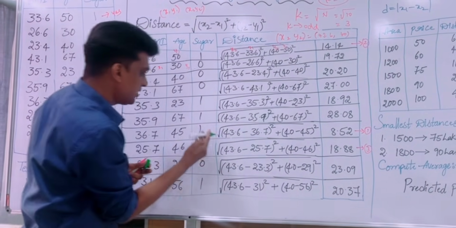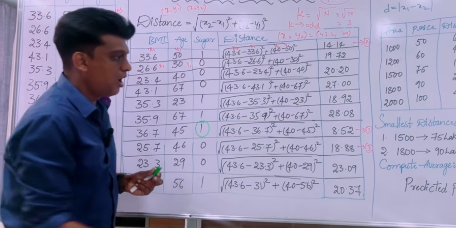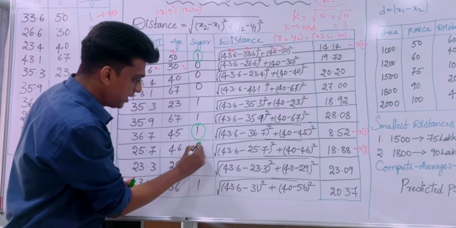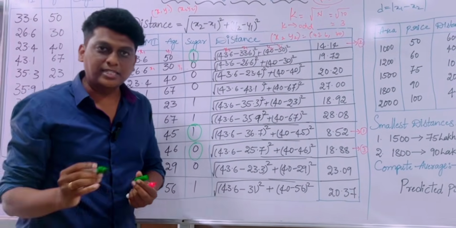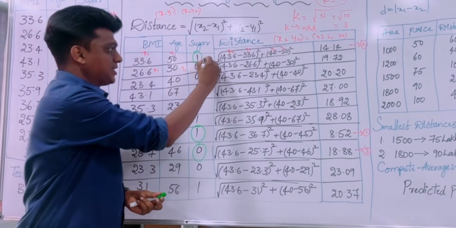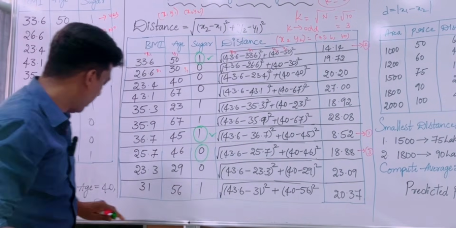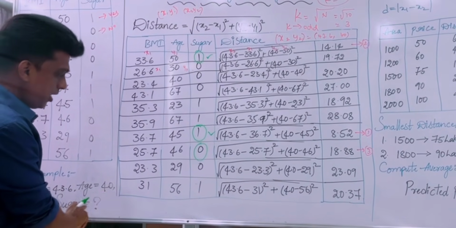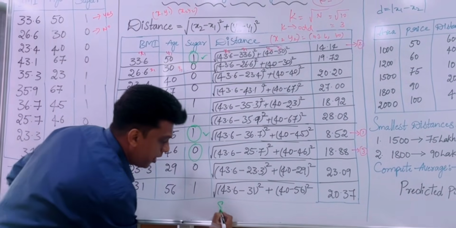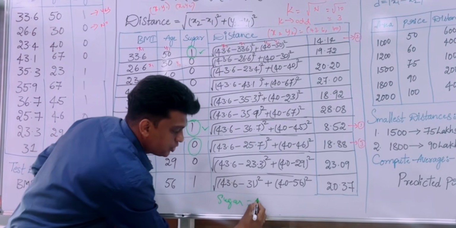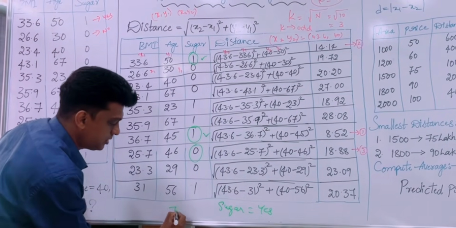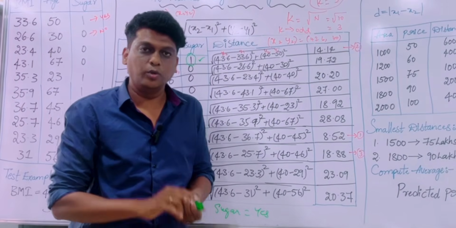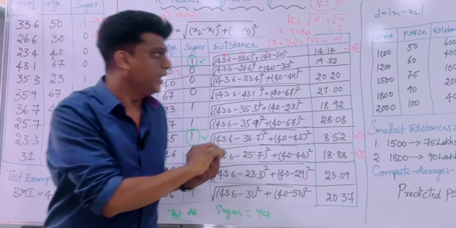For the first case the sugar is yes, for the second case the sugar is yes, and for the third case the sugar is no. Here the majority voting goes to yes. So for this given person with BMI 43.6 and age 40, the sugar is yes. This is how we do the classification algorithm in KNN.